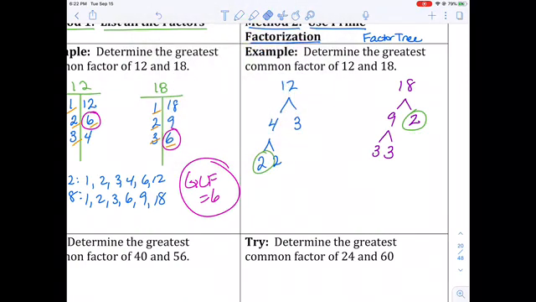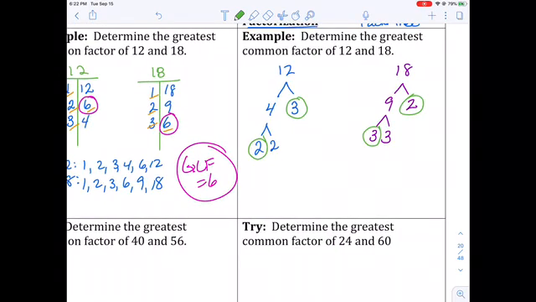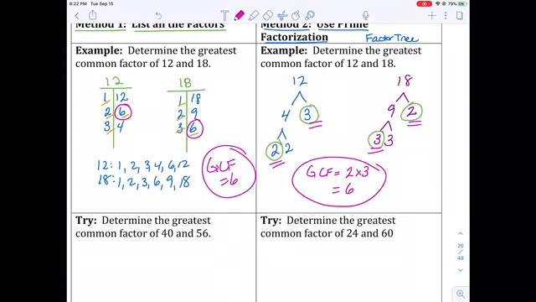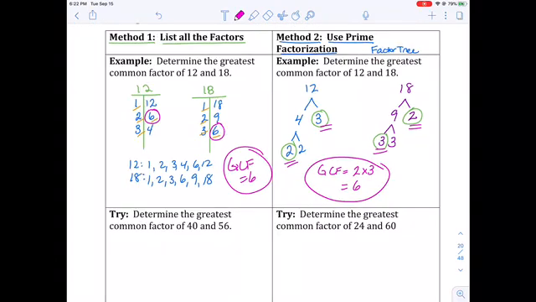So I can circle one 2, and then there's a single 3 here, and I can circle one of the 3s over here. So how is this going to equate to 6? My greatest common factor, when I look at my prime factors, is 2 times 3, which is 6. Those are the common prime factors, and that's just another strategy that gives me the same answer.